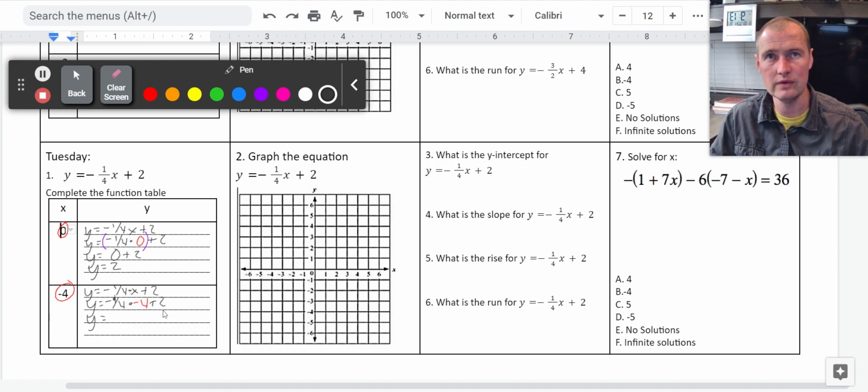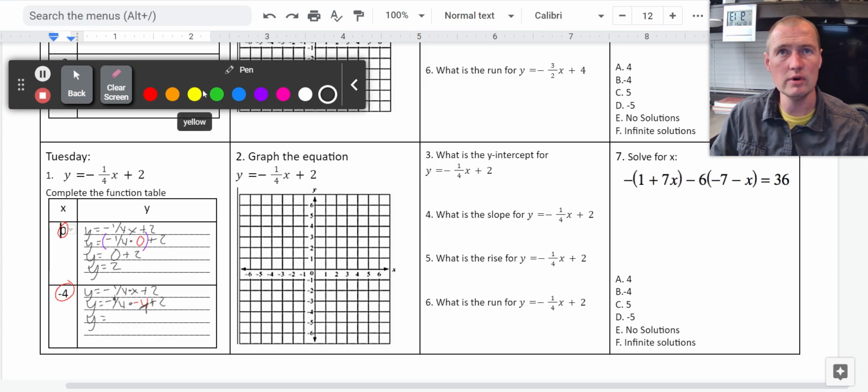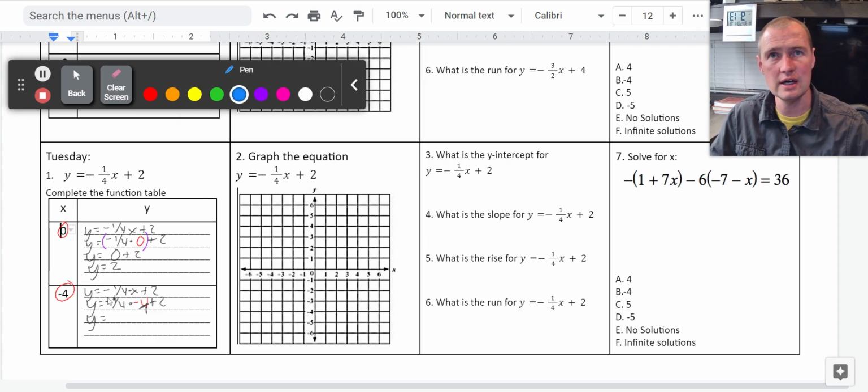negative 4. What makes this easier is to take that negative 4 and put it over 1. So I'm going to take my negative 1 from the numerator here and the negative 4 from the numerator on the second fraction, and that is a negative 4.